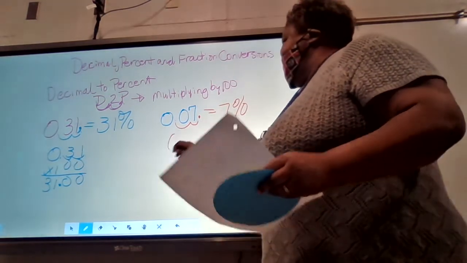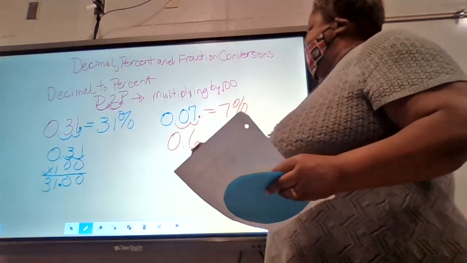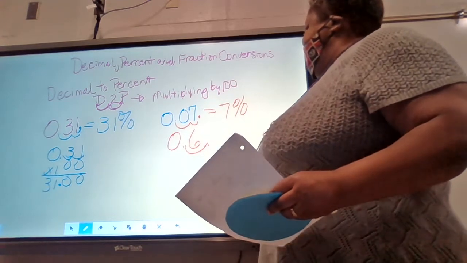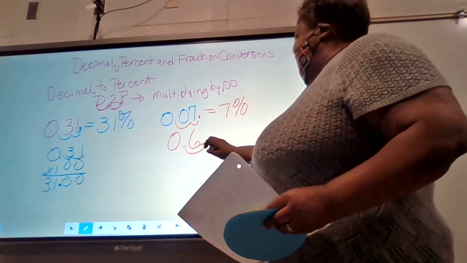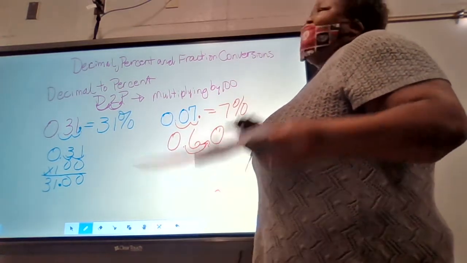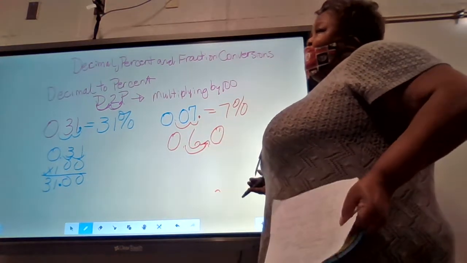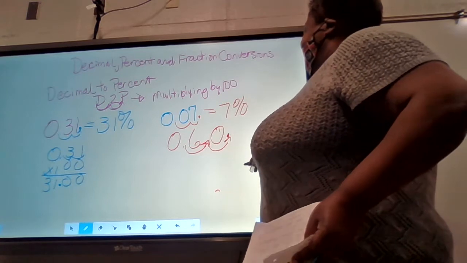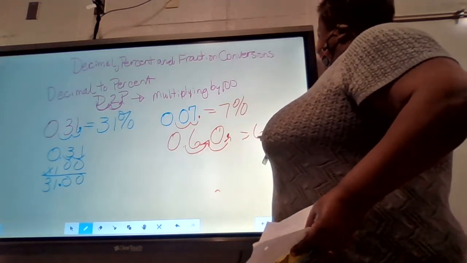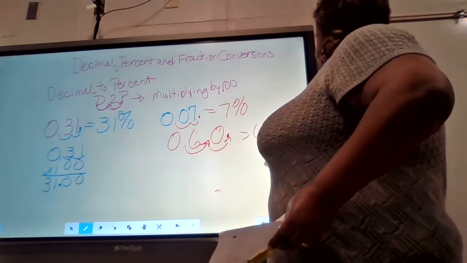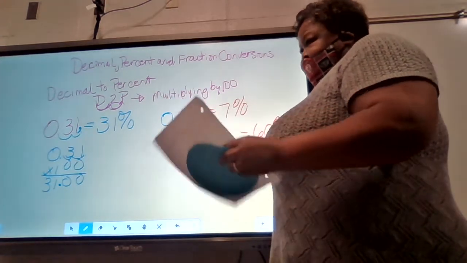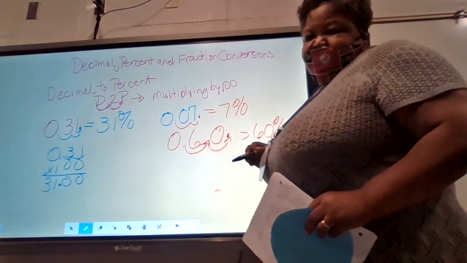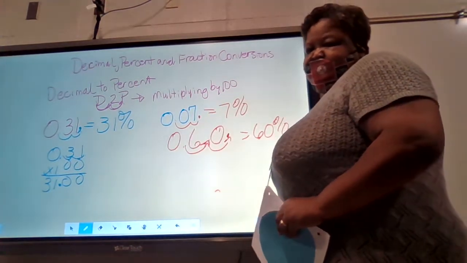Okay, now 0.61. Okay, I don't have another place. So I have to add a zero. I can add as many zeros as I want behind the decimal. So that'll give me my 2 places. So that's going to be 60%.